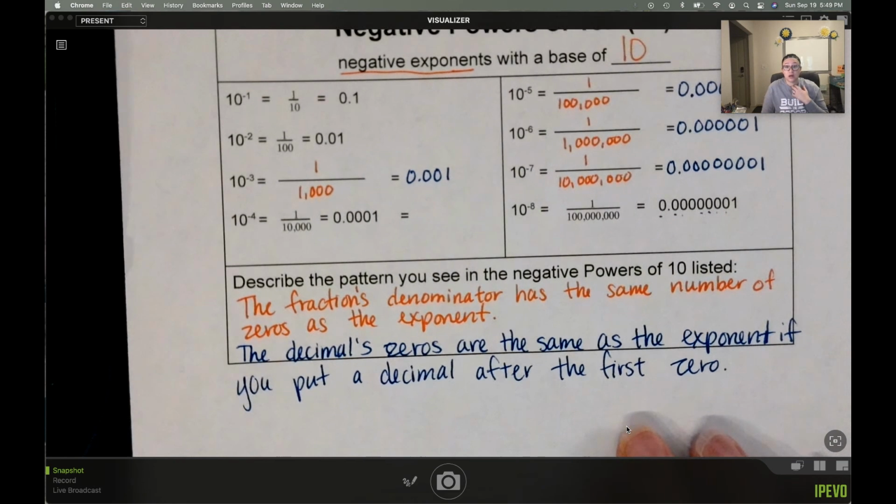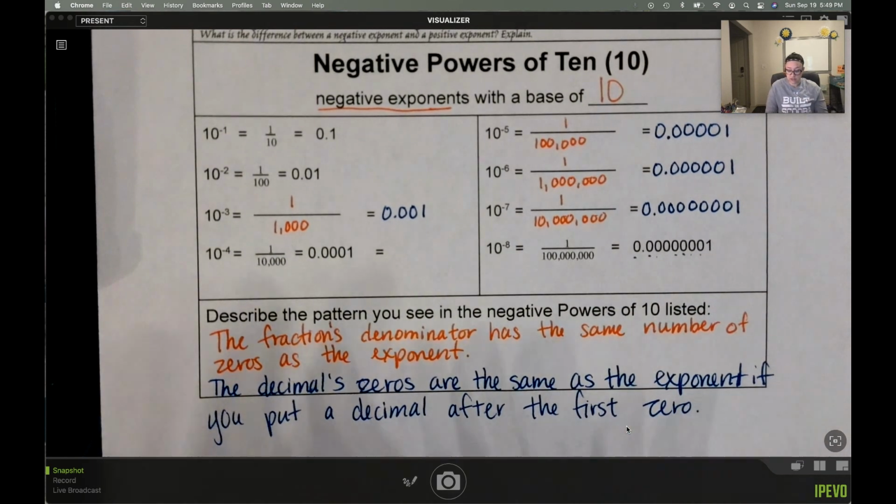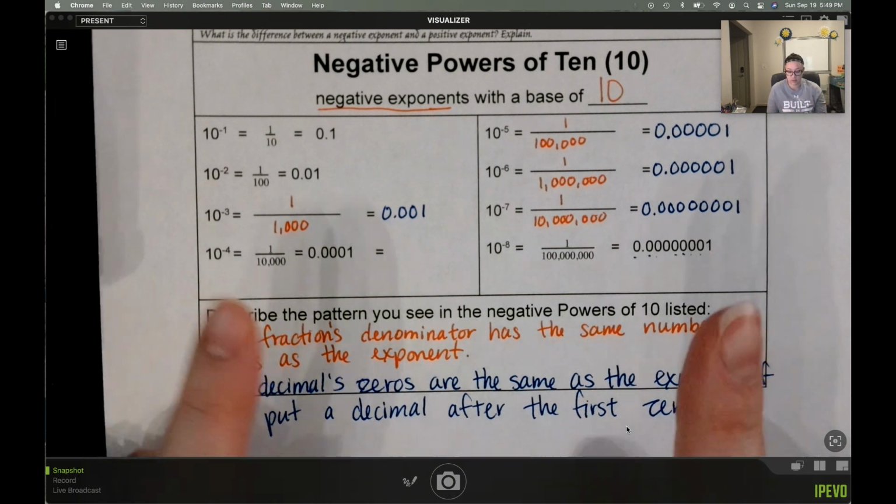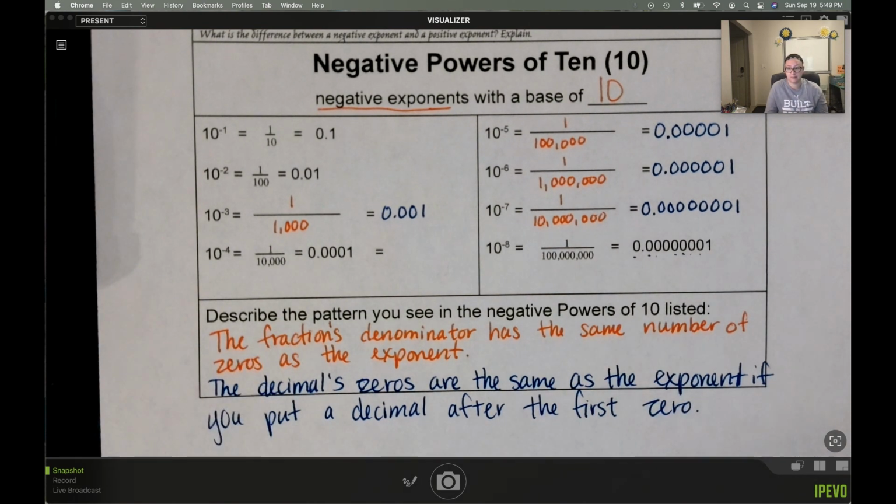If you need to, go ahead, pause this video, make sure that you've got everything written down before I show you the expanded form for negative powers of 10.